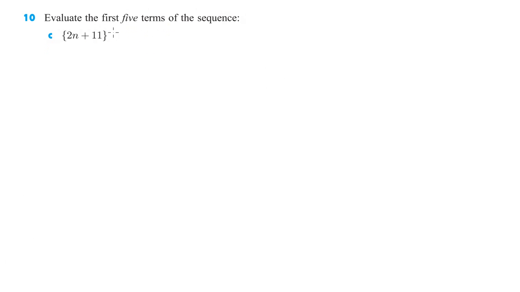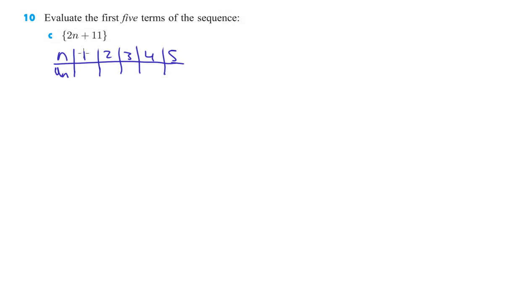One last one, number 10. Evaluate the first 5 terms of the sequence. So I would simply make a little chart here. We can say n is 1, 2, 3, 4, and 5. We're just going to plug 1 in, and we're going to get our first 5 terms. So n, and this would be u sub n, the term.